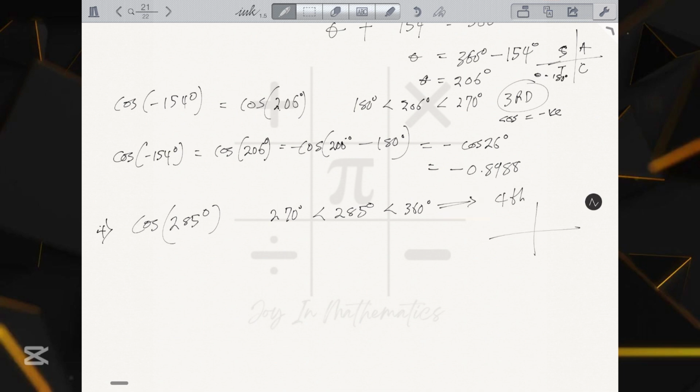And in the fourth quadrant, All Students Take Coffee. That means cosine is positive. Now, what is the relative acute angle formula of the fourth quadrant, which is 360 degrees minus theta? So let's apply that now. We have cos 285 degrees is equal to cos of 360 degrees minus theta.